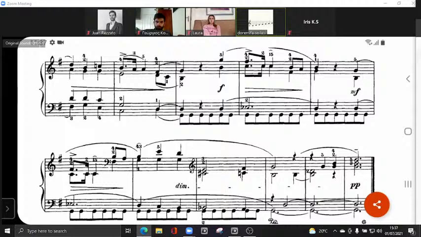So there will be an instrument playing that part. Then we have the melody in the right hand. See that there we have the melody at the top. And then exactly the same, but one octave lower.